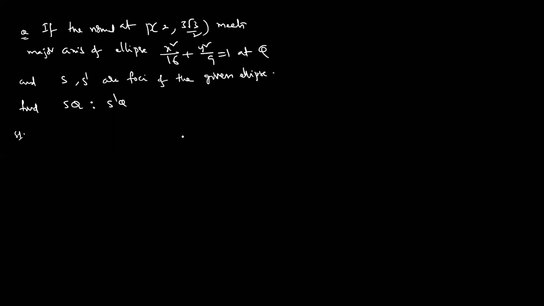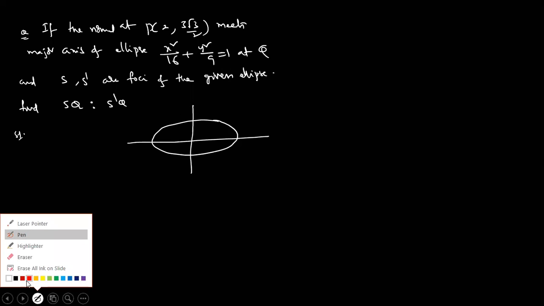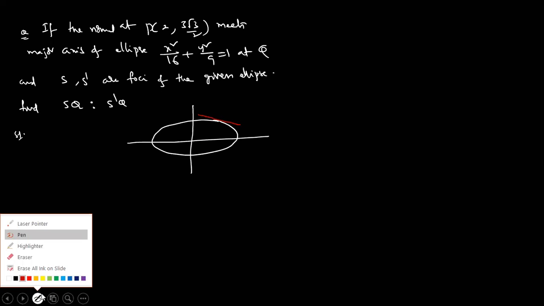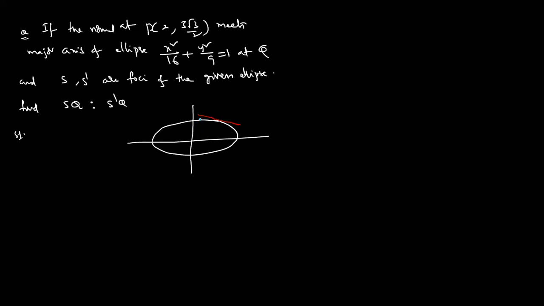Suppose this is the normal. This normal meets the major axis at Q. S is a focus, S dash is the other focus. P is given. How to find it?